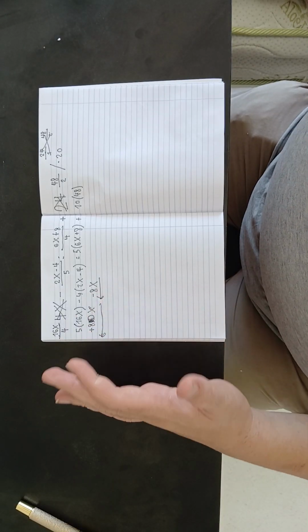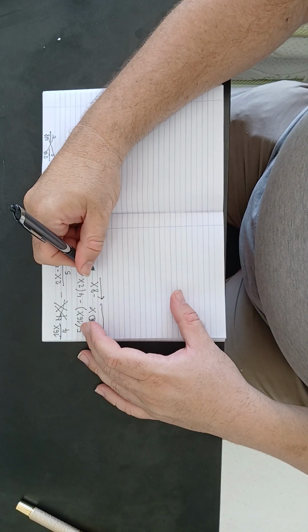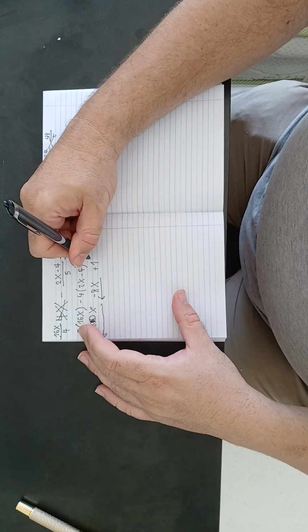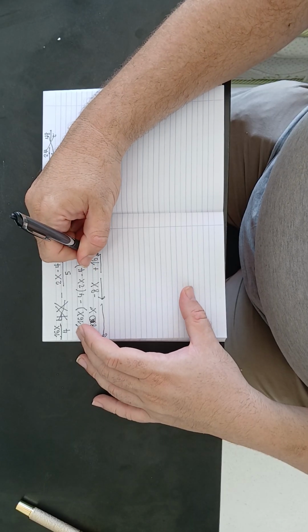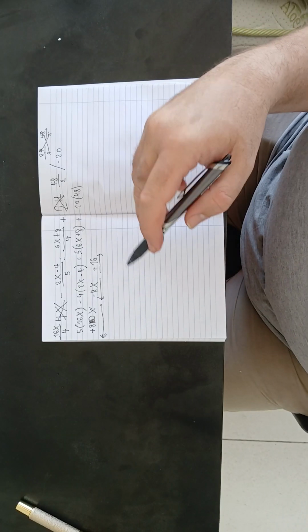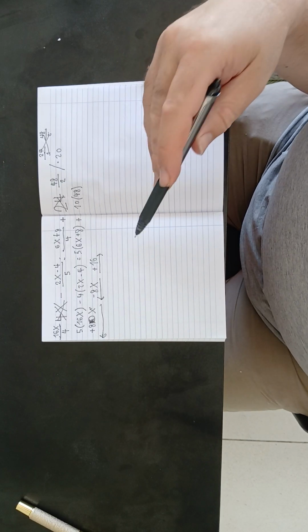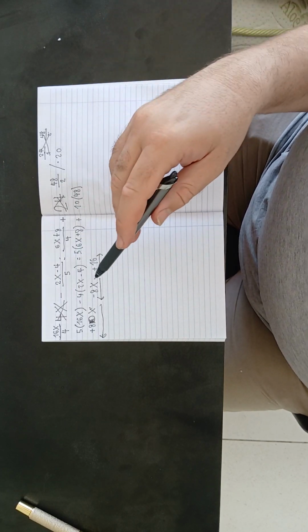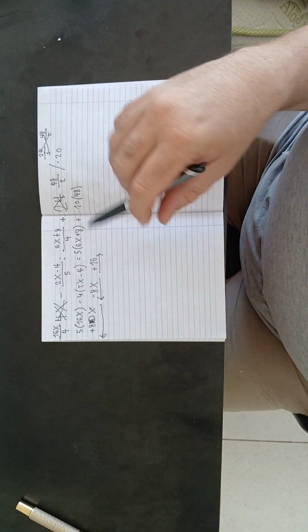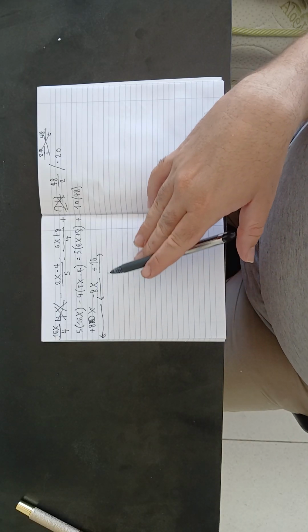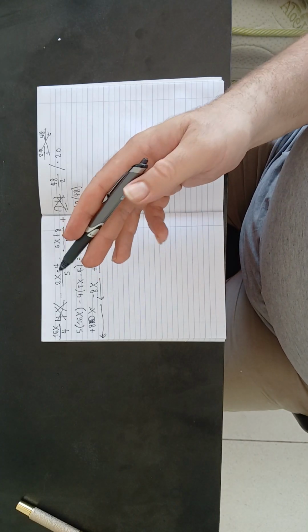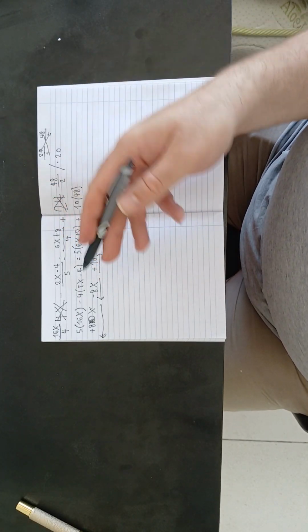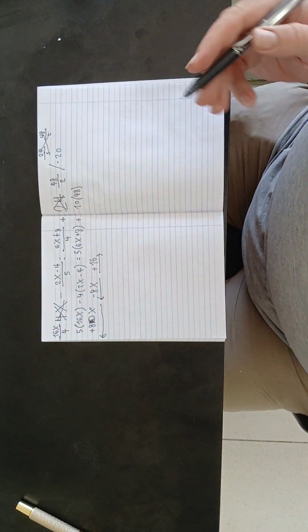And -4 multiplied with -4, that's going to be plus 16, going to the left. I just remind you that when we multiply negative with negative, the result will be positive, a regular number. So because of that, -4 multiplied with -4 is plus 16.